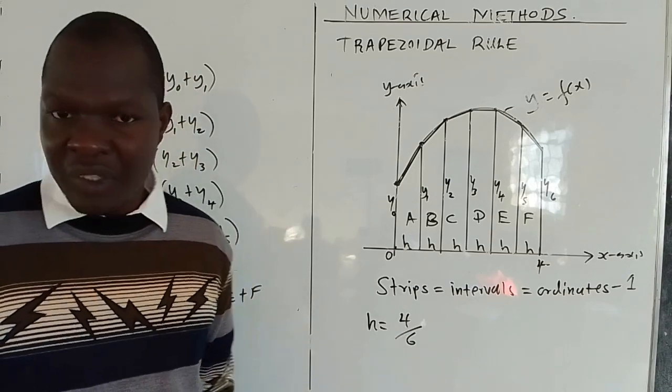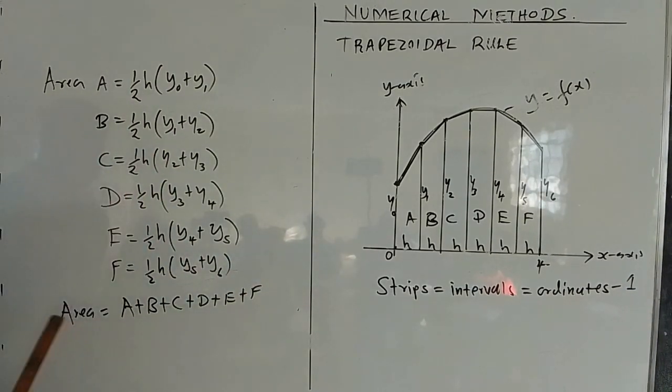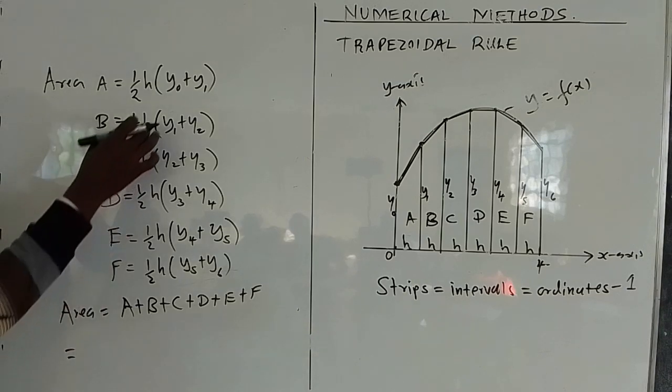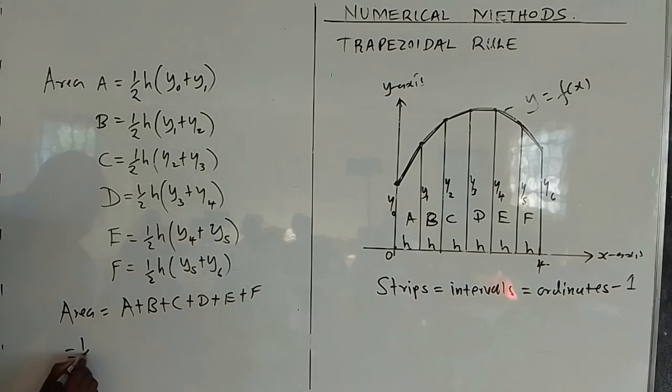Are we together? Good. So, if you add all these areas, what do you see? You can see a half h is a common factor. So you are going to factorize a half h outside, isn't it?